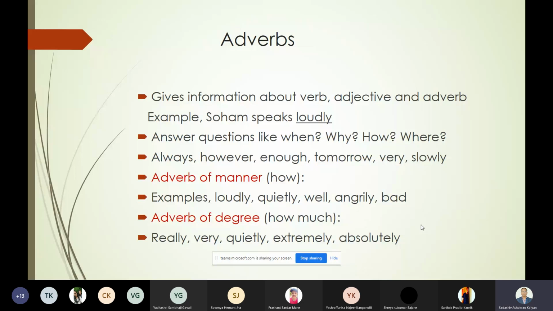Whenever we are asking like this, at that time we are using the adverb of degree, especially words like really, very, quietly, extremely, absolutely. So these are all the various kinds of words which are trying to tell us the quantity, how much.